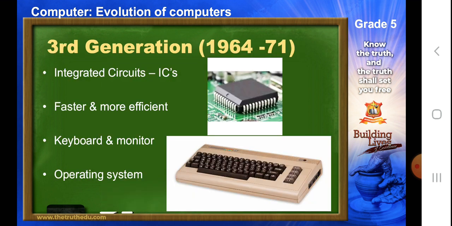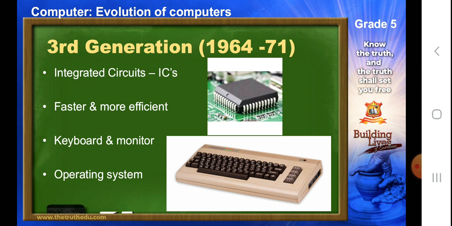Next was the third generation computer. Now in the third generation computer, this is the first time they started using the integrated circuit, which is called IC, or in other words you can call it the motherboard. They were faster and more efficient, and this is the first time in the third generation that we started using keyboard and monitor.